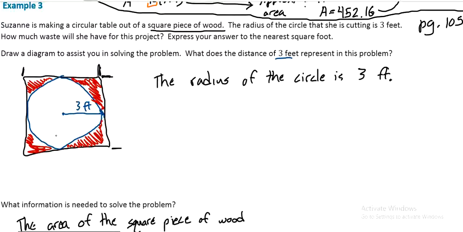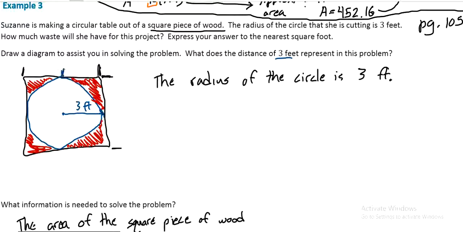So we want to find out, okay, what is one of these sides? If I find out one of these sides, we find out all four of the sides because it's a square. Well, I know that from this square piece of wood, we have to cut a circle that has a radius of 3 feet. And that's from the center to the edge of the circle. And that edge of the circle is the edge of the square. We know that that is 3 feet.